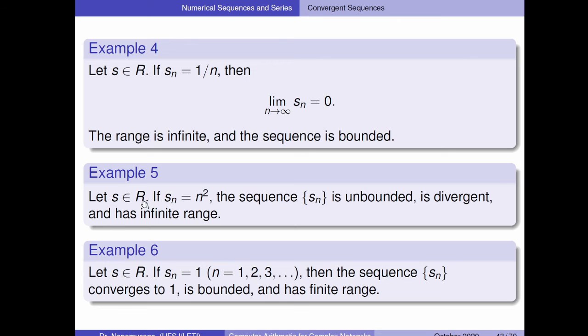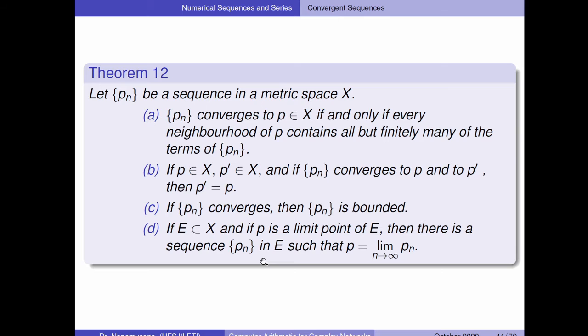If S belongs to the real numbers and Sn equals the square of n, the sequence Sn is unbounded. Now if Sn equals 1, a constant number, this sequence converges to 1, is bounded, and has a finite range.